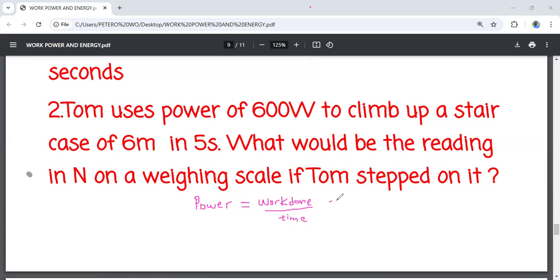According to what we have, work is calculated from force times distance, and then we divide by time if we are to get power. Now, according to the question, they have given us the power as 600.